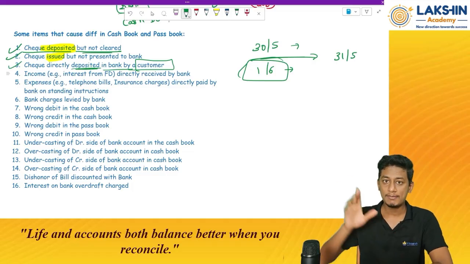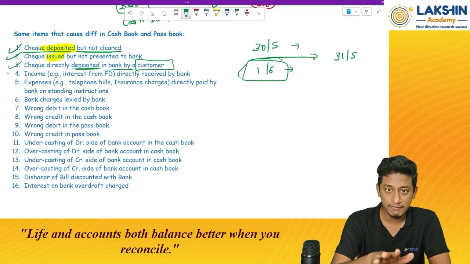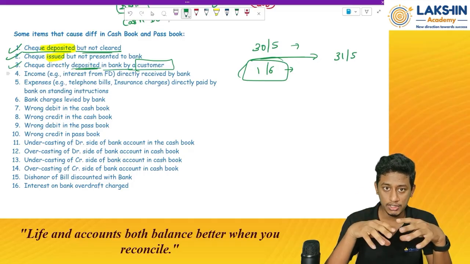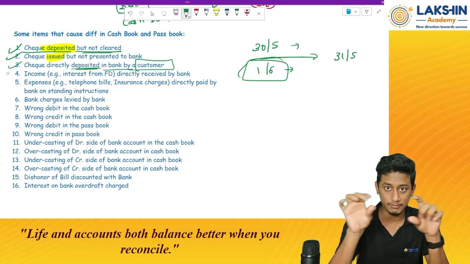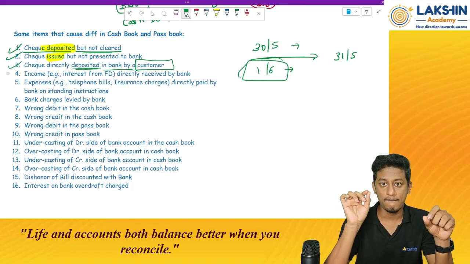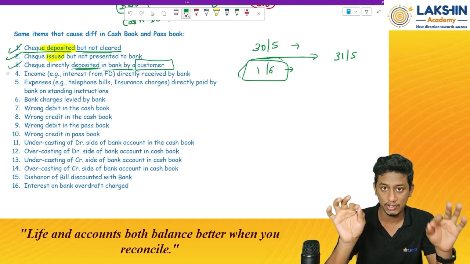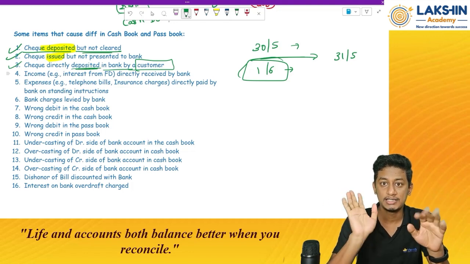See, why I am telling you all this is because it will be helpful in the bank reconciliation part. So clearly try to understand, because of this particular XYZ transaction, where will the balance be more, where will the balance be less? If you get to know that, you can easily complete the BRS chapter.